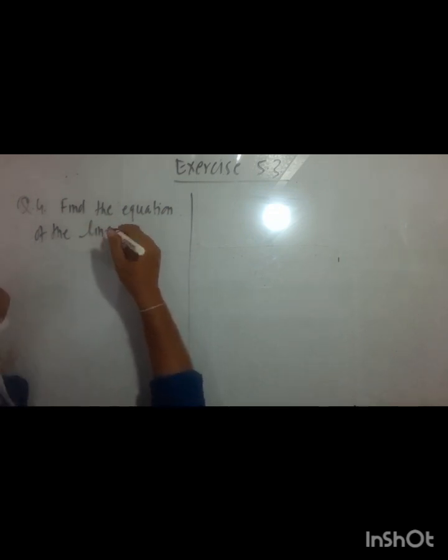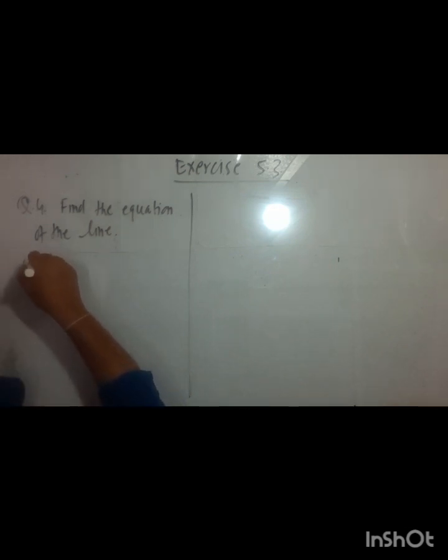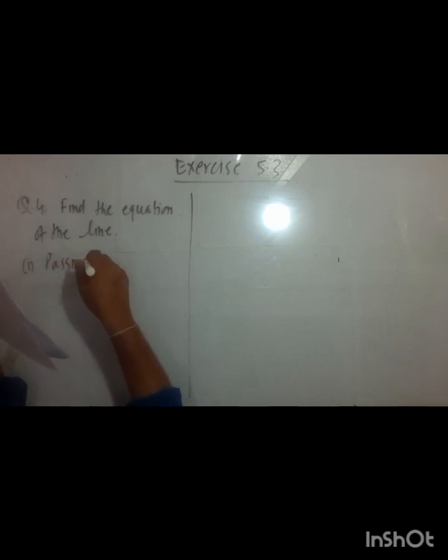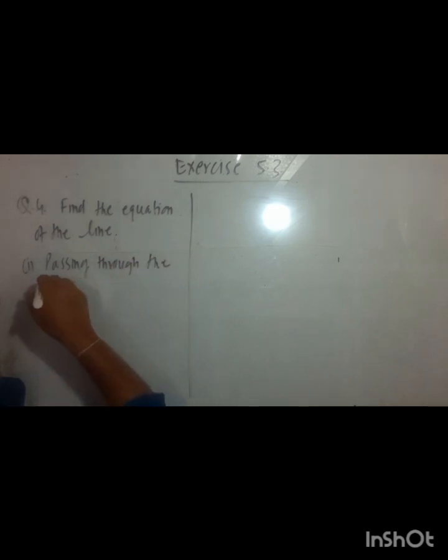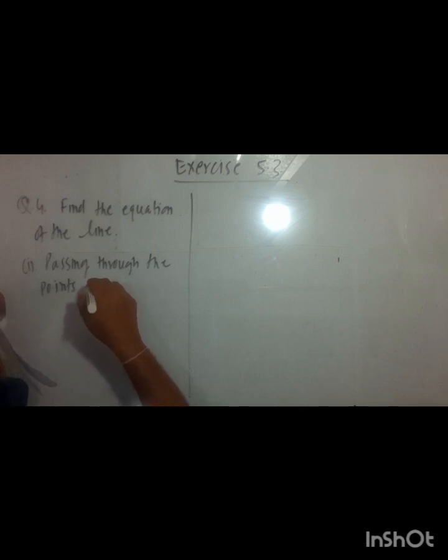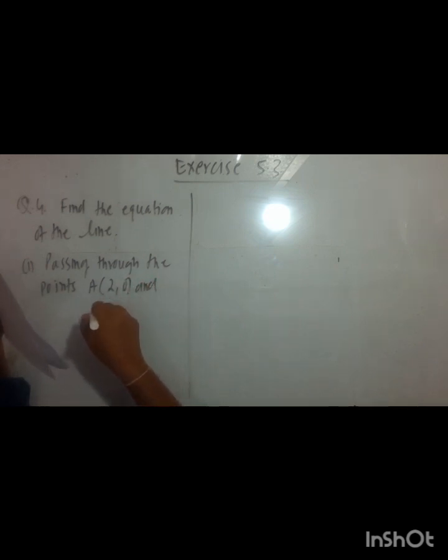Now, one sub question is number 1: passing through the points A with coordinates 2, 3 and B whose coordinates are 3, 4.